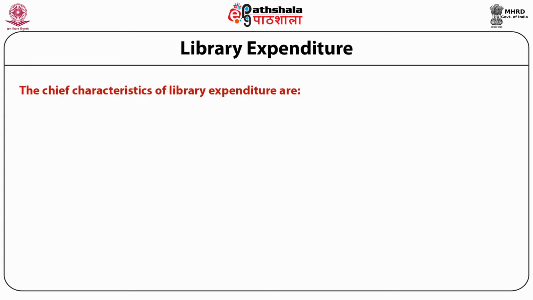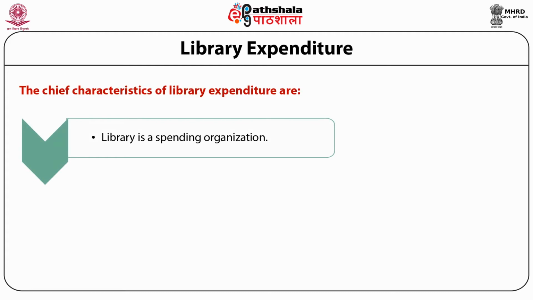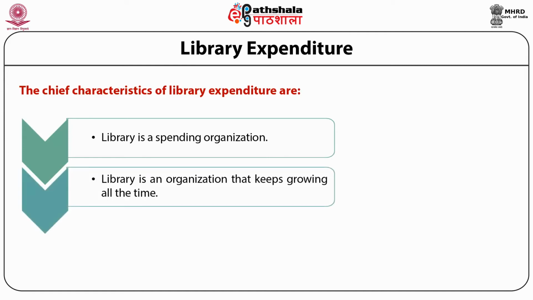The chief characteristics of library expenditure are: firstly, library is a spending organization. Because library is a spending organization, there is no question of earning money for itself. So all the time we have to see that only expenditure has to be carried out. Secondly, library is an organization that keeps growing all the time.